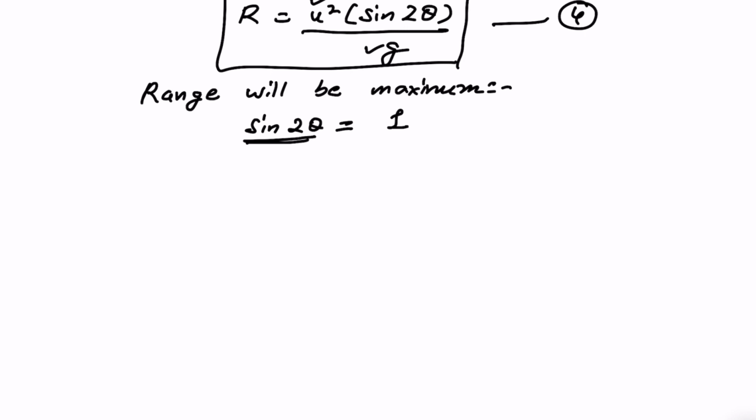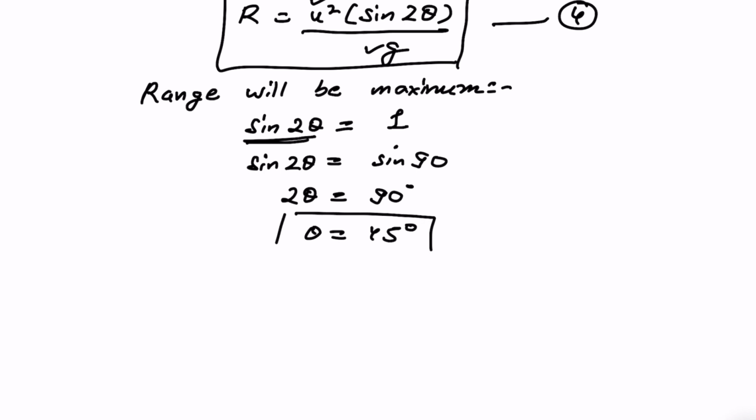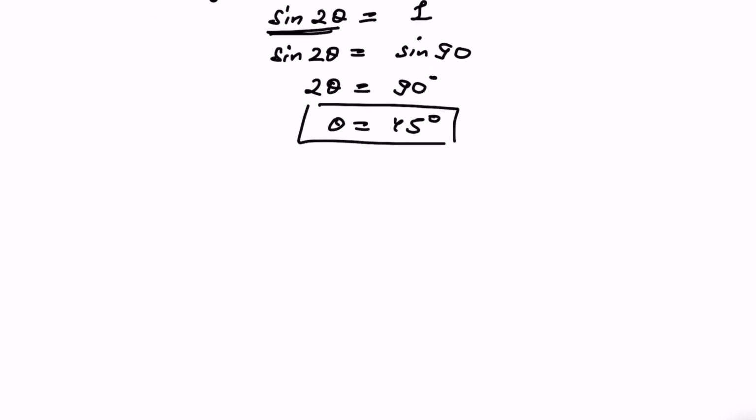And since we know that the maximum value of sine is 1, and that is going to happen when the angle is 90 degrees, I can say 2 theta will be 90 degrees. So theta is equal to 45 degrees. That means if we want to throw a body to the maximum possible horizontal range, we should throw it at an angle of 45 degrees.